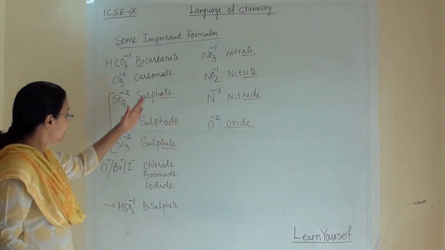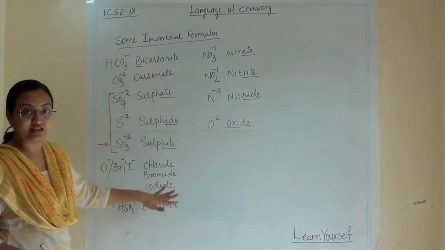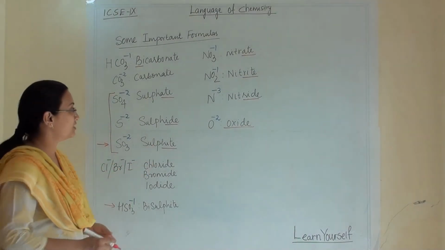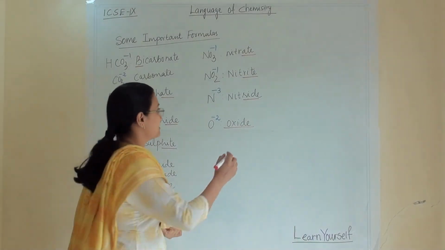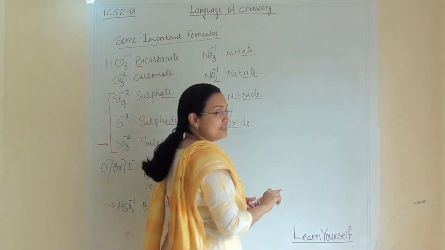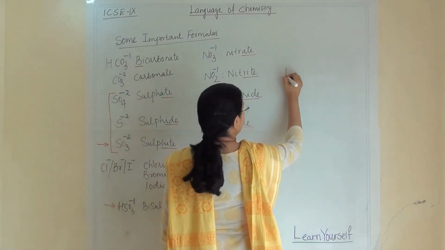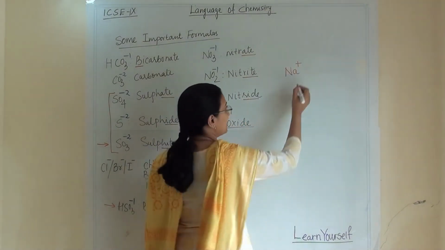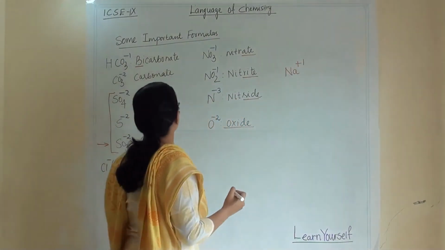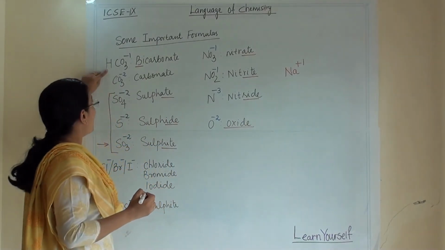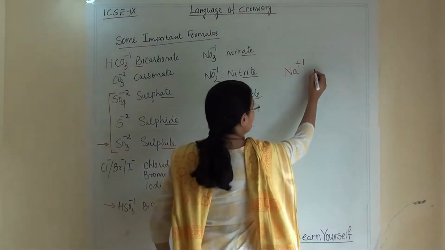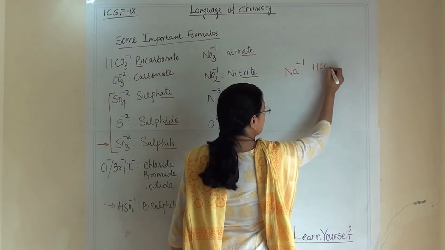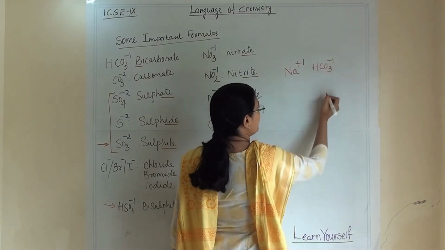Now whenever these negative polyatomic ions react with positive ions, let us take one example: Na. Na is a positive ion. It has one valency. When it reacts with HCO3, what is the valency? It is -1.